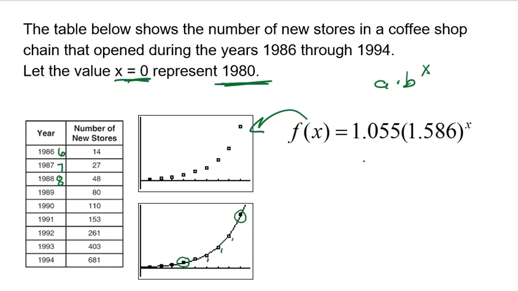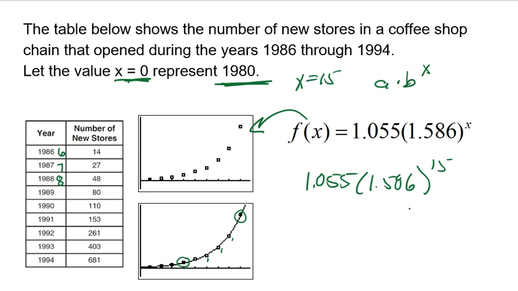So once you have a model, we could ask you a lot of questions. So I could say, what would we expect for 1995? Well, 1995 would be an X value of 15, 15 years after 1980. So to predict this, we're going to take 1.055 times 1.586 raised to the 15th power. And we could go to our calculator, type that in, 1.055 times 1.586 raised to the 15th.